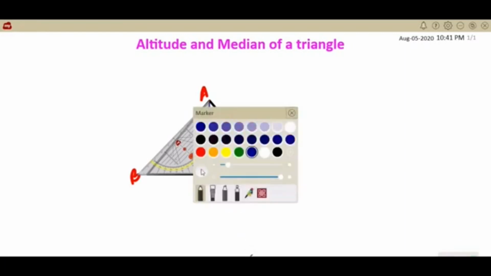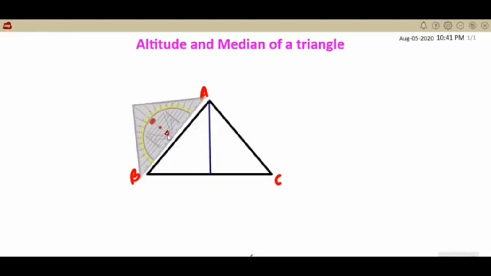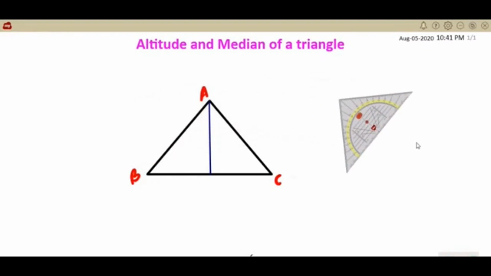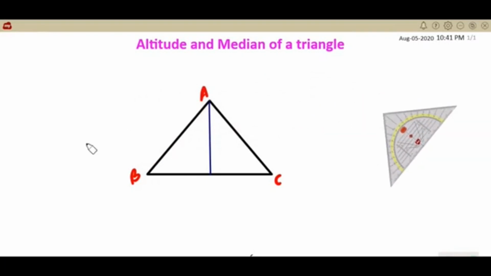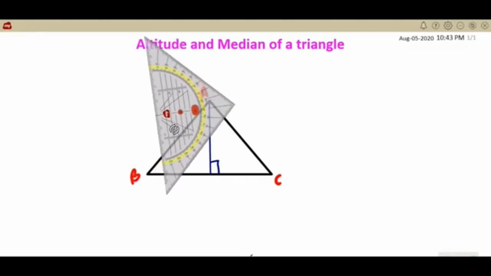This way you can draw the altitude of the other sides of the triangle, like AC and AB. For that, we need to take the set square aside, and we will be drawing it. This is a right angle, 90 degrees, which can be marked like this.